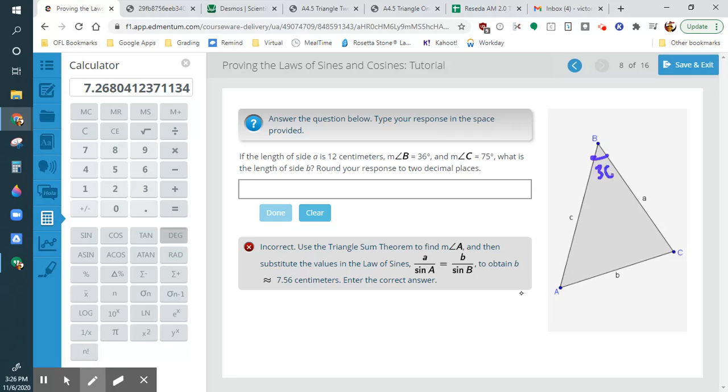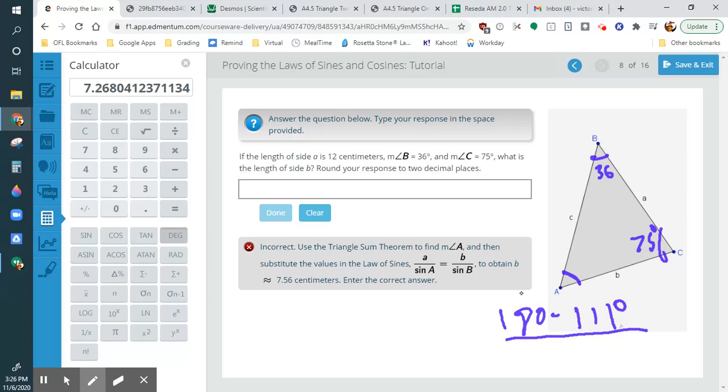So this is still 36. This is 75. But I hadn't realized that they hadn't given me angle A. So if I add these two together, I get 111. So if I take that minus this, why are you doing this, Edmentum?